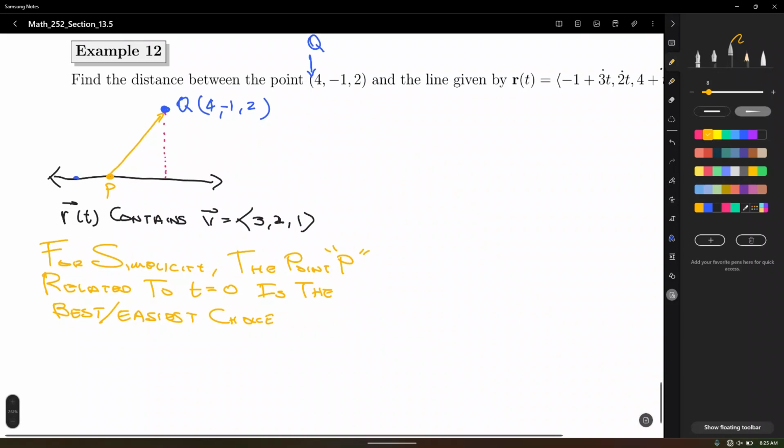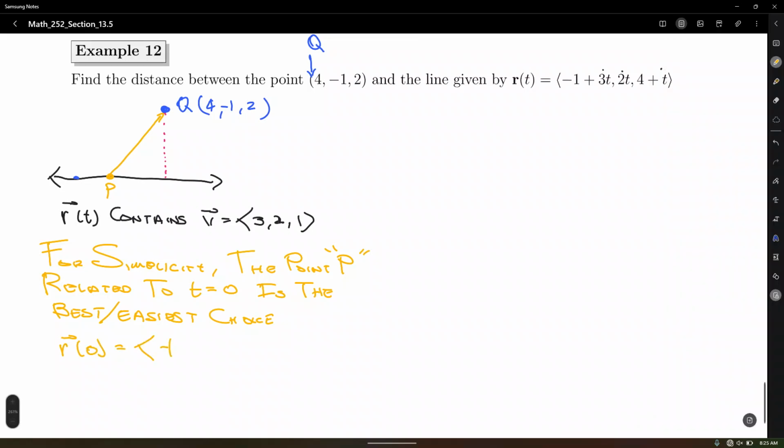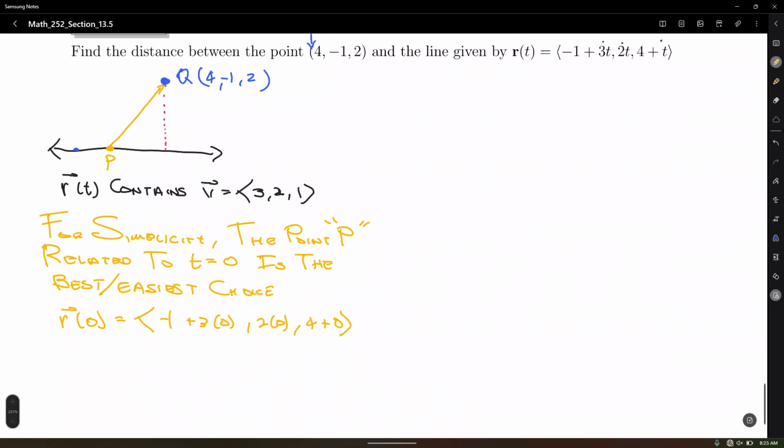Okay, so let's evaluate r of 0 then. r of 0 equals -1 plus 3 times 0, 2 times 0 plus 2, and 4 plus 0. Well, that's going to give us a vector, right? -1, 0, 4.